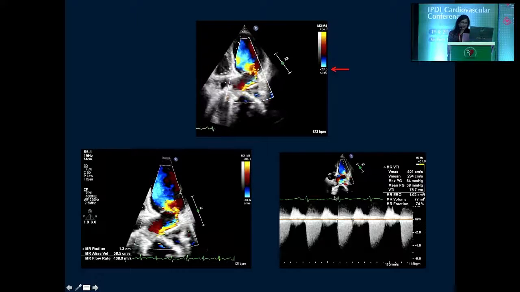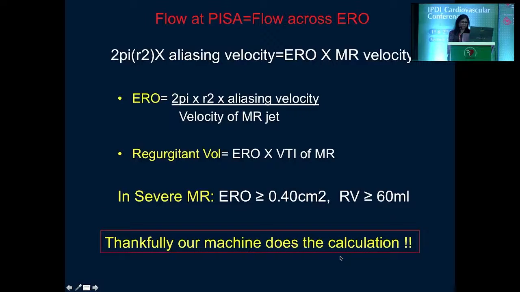And with the CW Doppler across the MR, I get the VTI, and putting the values in the formula, flow at PISA is equal to flow across ERO, we get the ERO value, and from there we get the regurgitant volume, and if it is more than 60 ml, it's called severe.